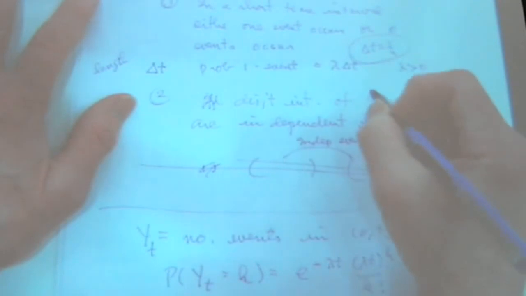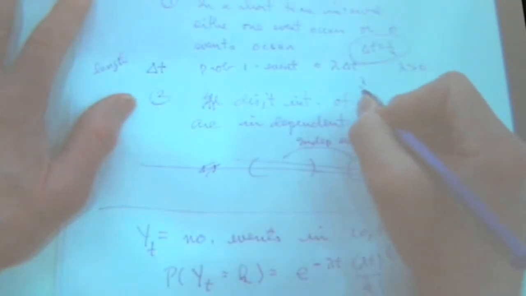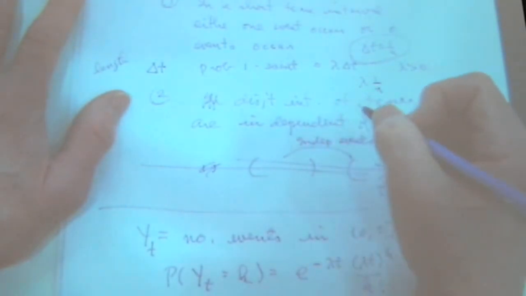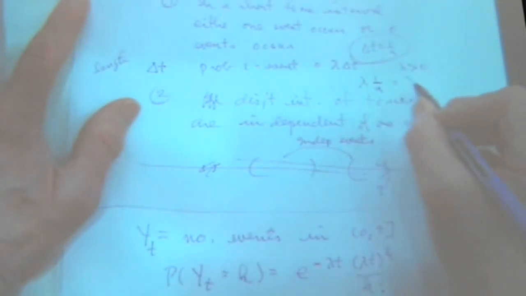See, if you take delta t to be 1 over n, this is like a success, and the probability of success would be 5 over n.